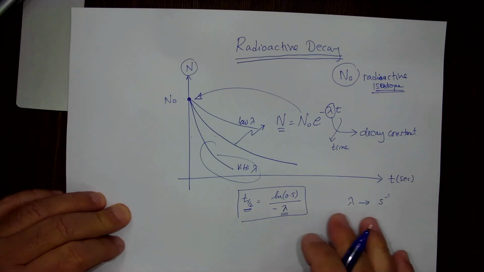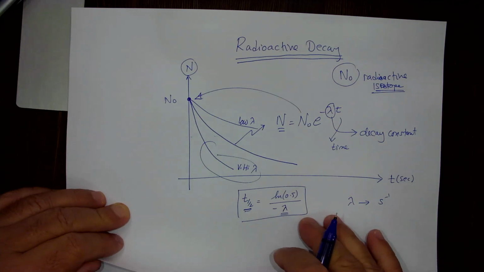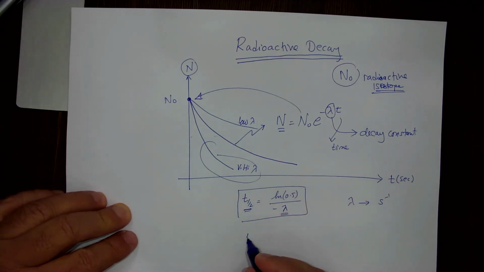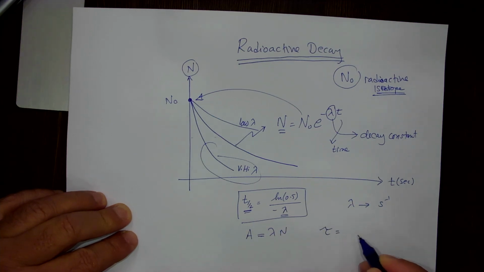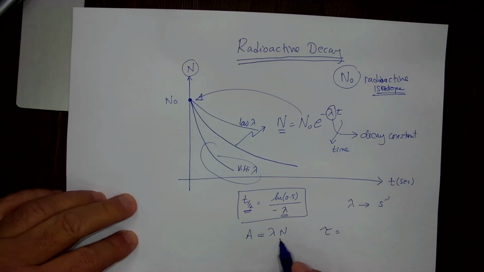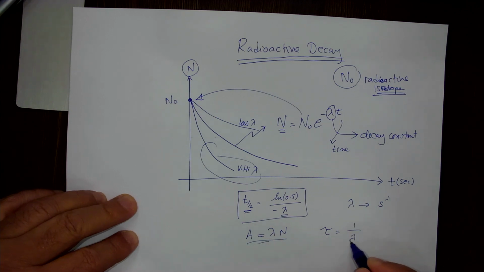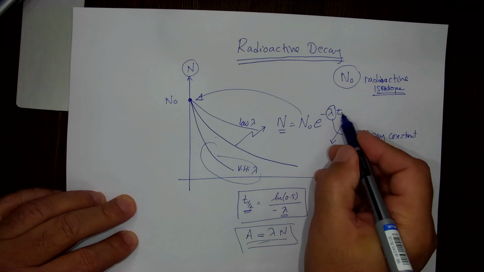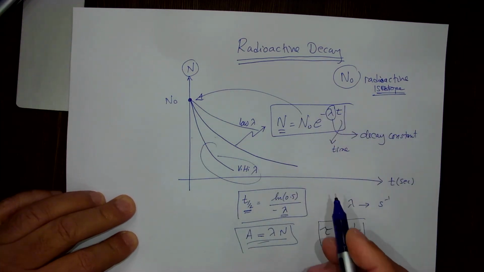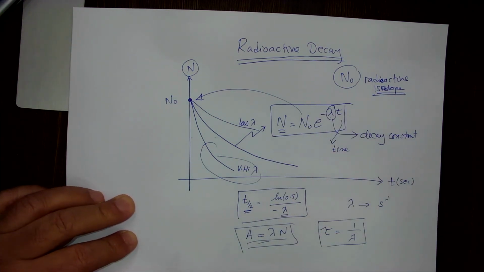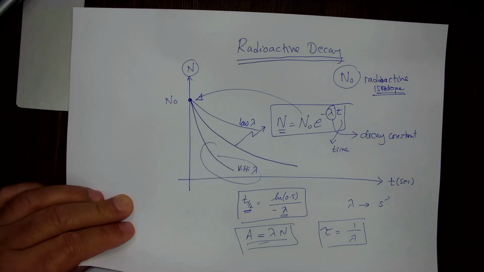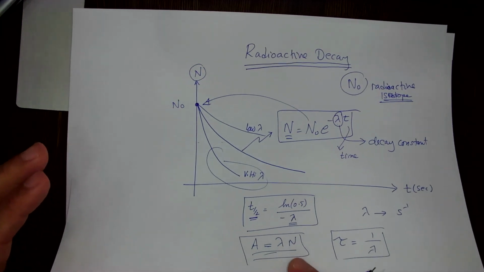Okay, so the typical questions on this. Again, the activity is equal to lambda N, and the mean lifetime is 1 over lambda. So these are the four expressions that you need to make sure you understand, each one of them, and what it is used for.